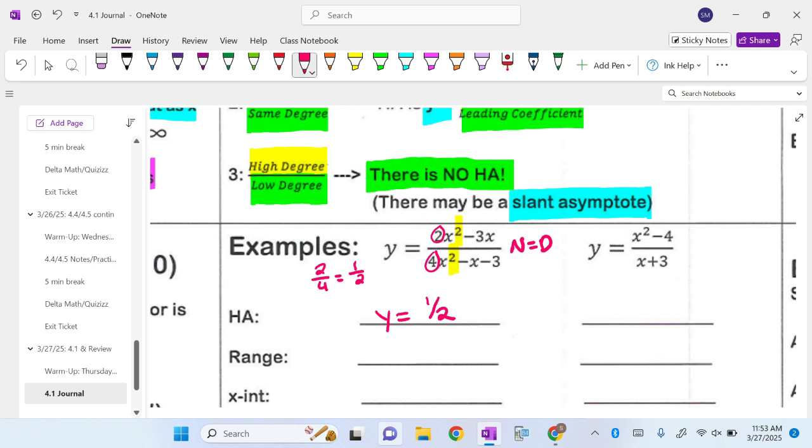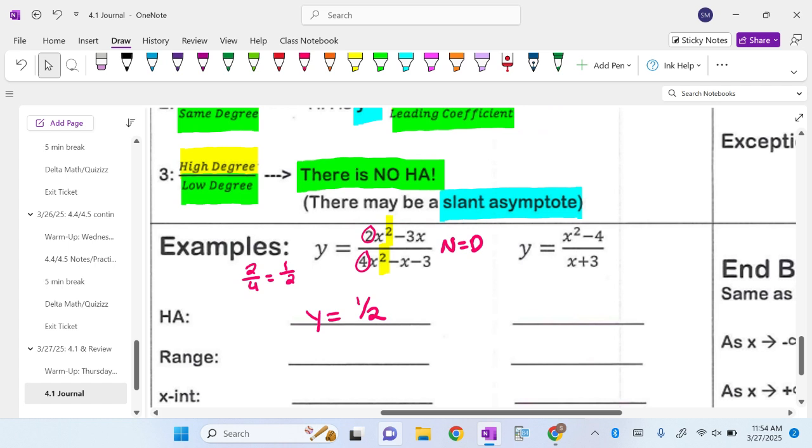What about my other one? What's the degree of the numerator? 2. That's the highest exponent in the numerator. What is in the denominator? 1, because remember, the unspoken exponent here is 1. So which is bigger, the numerator or the denominator? The numerator.